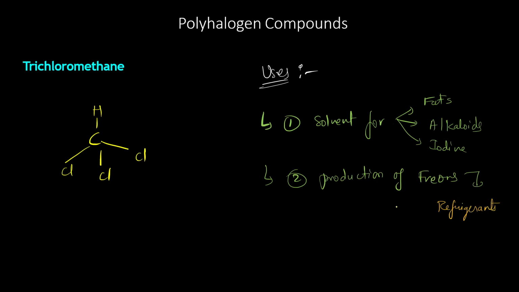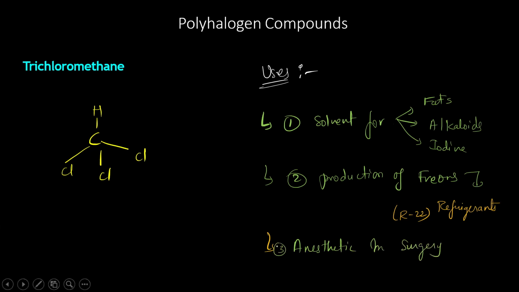Especially there is a type called R22, based on how many fluorines are present. It can also be useful as an anesthetic during surgeries. So what happens if you use it excessively?